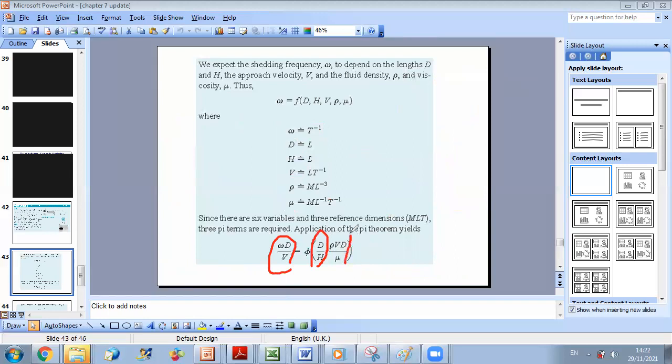You can tell me, what if I select other variables? No problem. You can select what you want. The condition is that the three variables are independent. You will form other groups, it's fine. But at the end, when you apply similarity conditions, you will end up with exactly the same result.